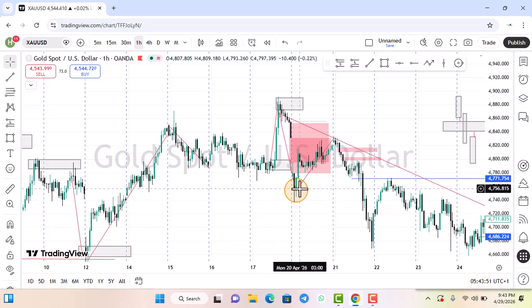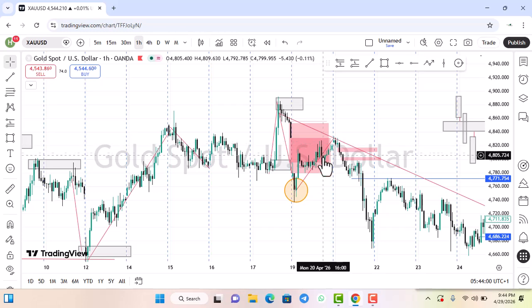Okay, look at where we have this pullback, right? We have this pullback here, pull back to this point here, come down again, pull back again, then come down again. So these two points that you are seeing, this is what we call liquidity. But what price does finally? Price finally pulls back above these two internal points, right?